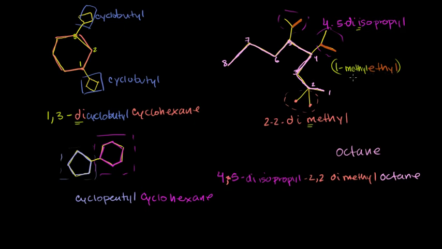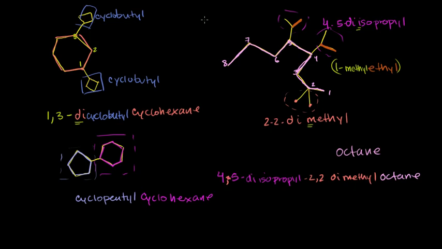Now, we have two of these 1-methyl ethyl groups, just like we had 2 isopropyl groups. If you're using common naming, you can say diisopropyl to say you have 2 of these groups. When you're using systematic naming, you don't say di 1-methyl ethyl, although that probably would get the point across. You use bis.